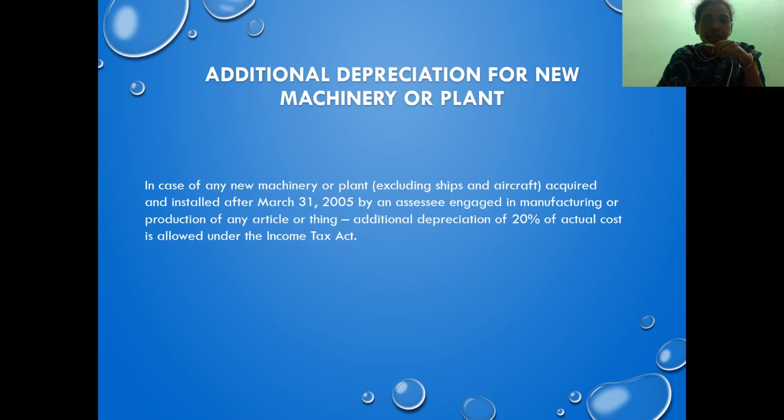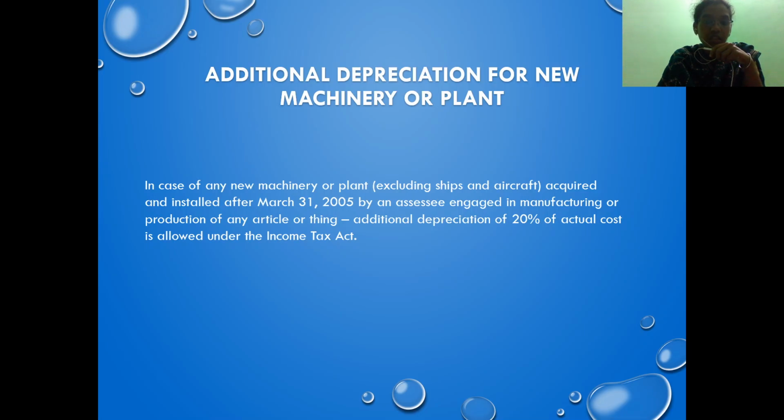We will see. The first condition is that additional depreciation will be provided only on plant and machinery. Only plant or machinery is eligible. It is plant and machinery which is newly acquired in the relevant previous year.